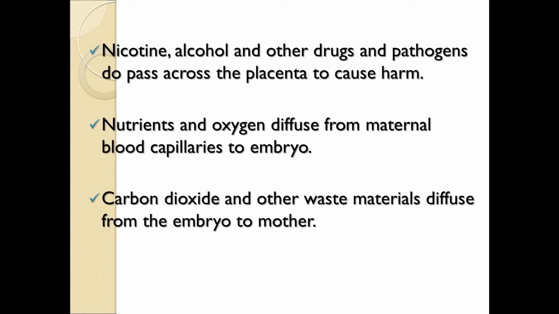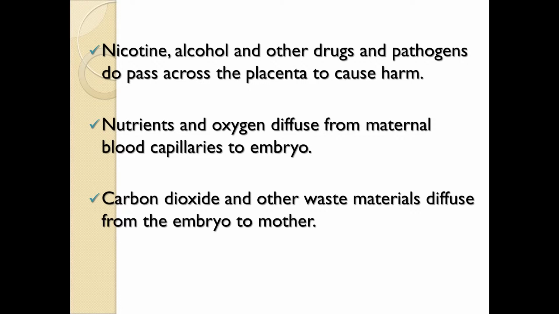Nutrients and oxygen normally diffuse from the maternal blood capillaries to the embryo. So maternal blood would be the blood of the female. The nutrients and the oxygen that the developing embryo needs, it cannot get from the atmosphere or from the outside world.